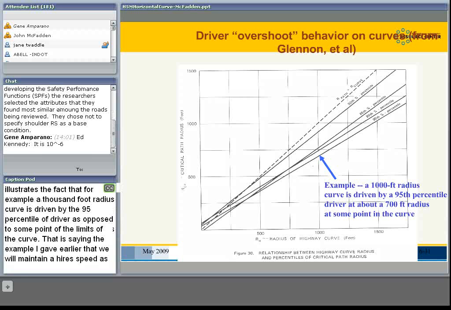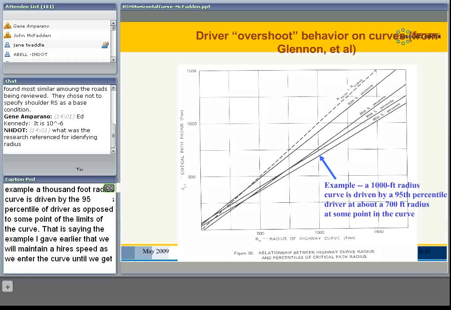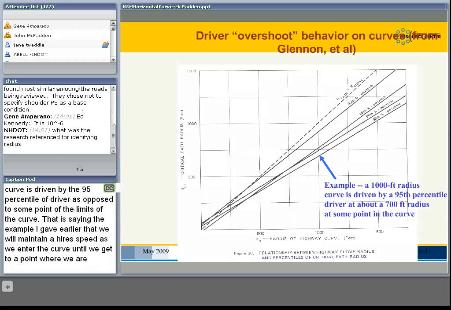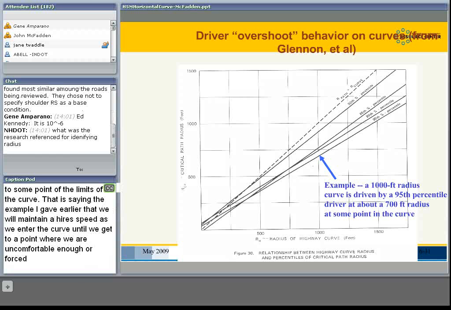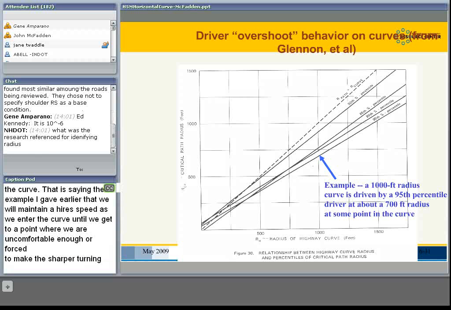What's shown here is that we are overshooting the path of the curve, driving it as a spiral, and doing it independent of speed.